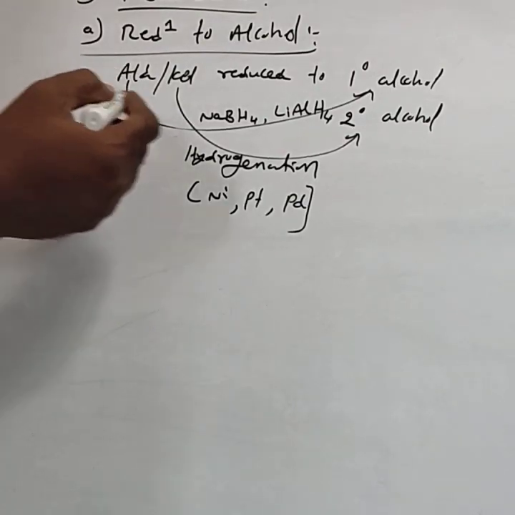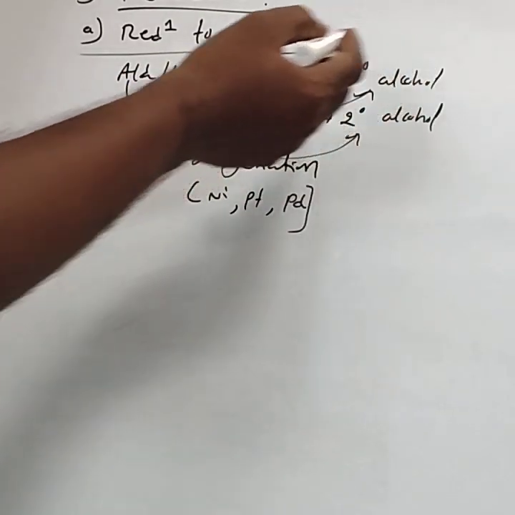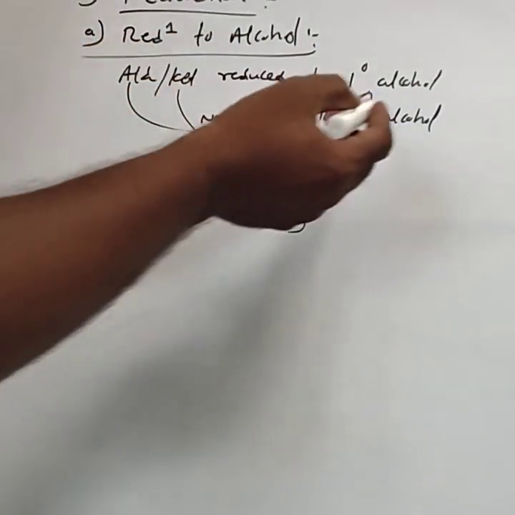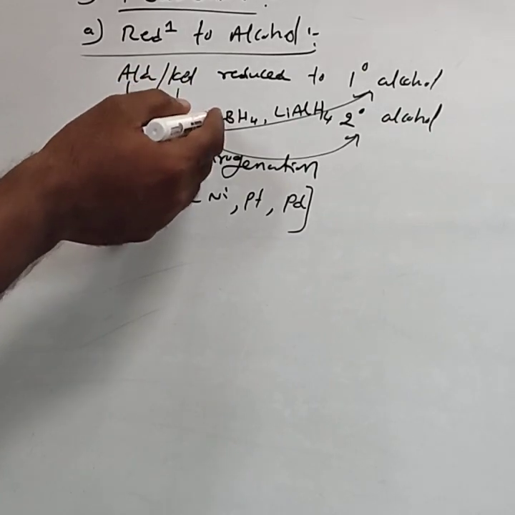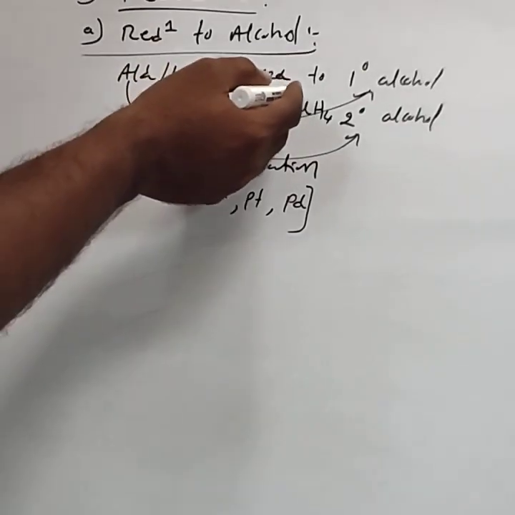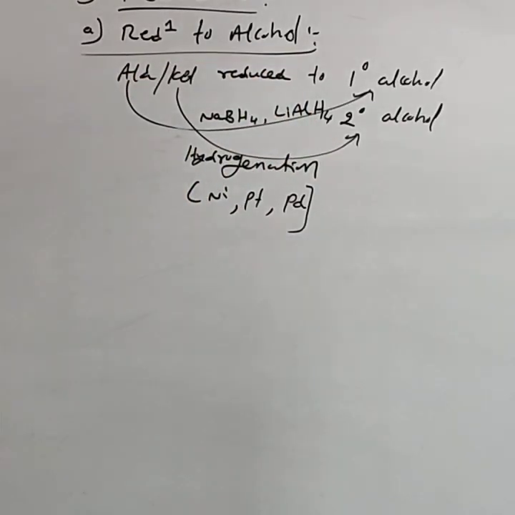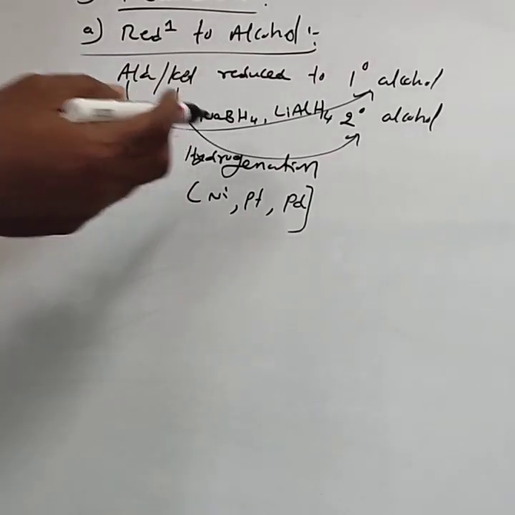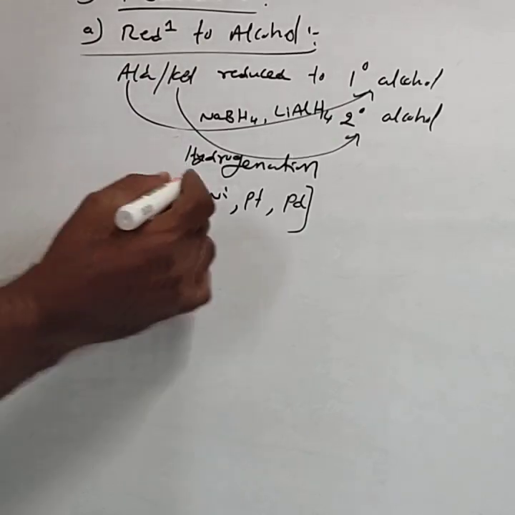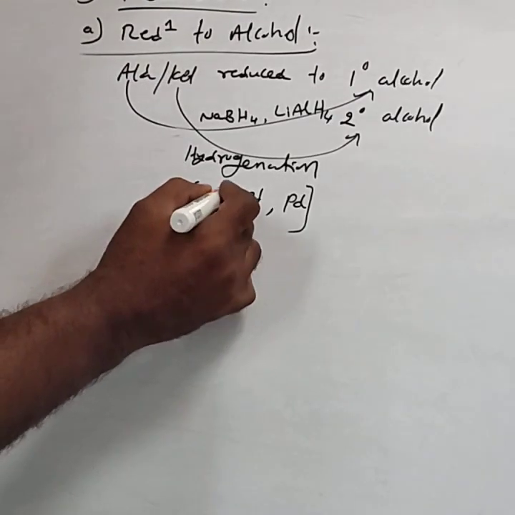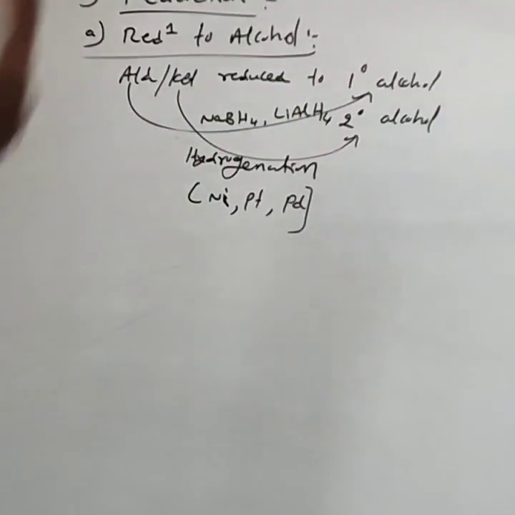Aldehydes are reduced to primary alcohol while ketones are reduced to secondary alcohol, either by using sodium borohydride, LiAlH4 lithium aluminium hydride, or catalytic hydrogenation. The catalyst used during hydrogenation is either nickel, platinum or palladium.